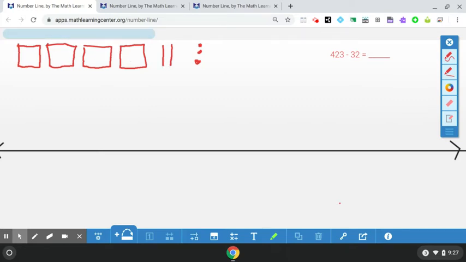So let's go ahead and do that. We know we have 423, but when I have to take away 3 tens, I don't have enough, so I'm going to cross out one of the hundreds, and in place of it, out falls 10 tens.